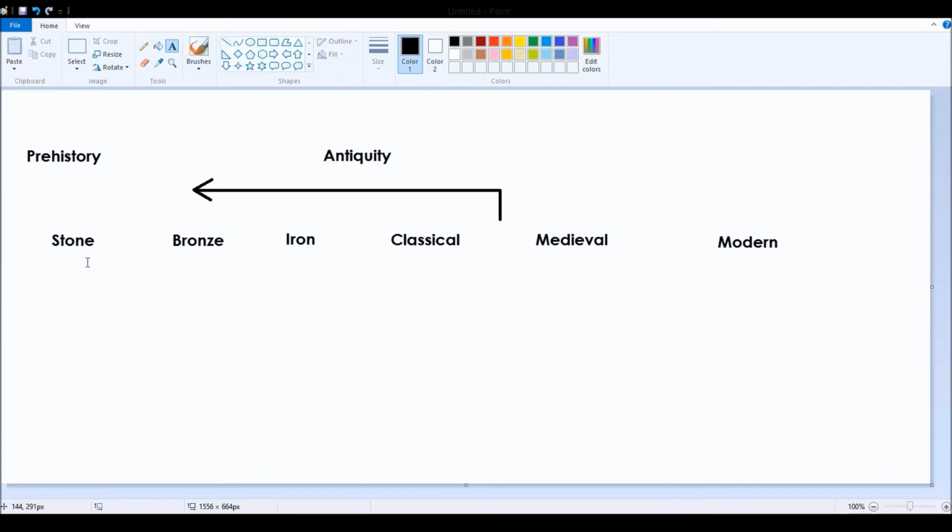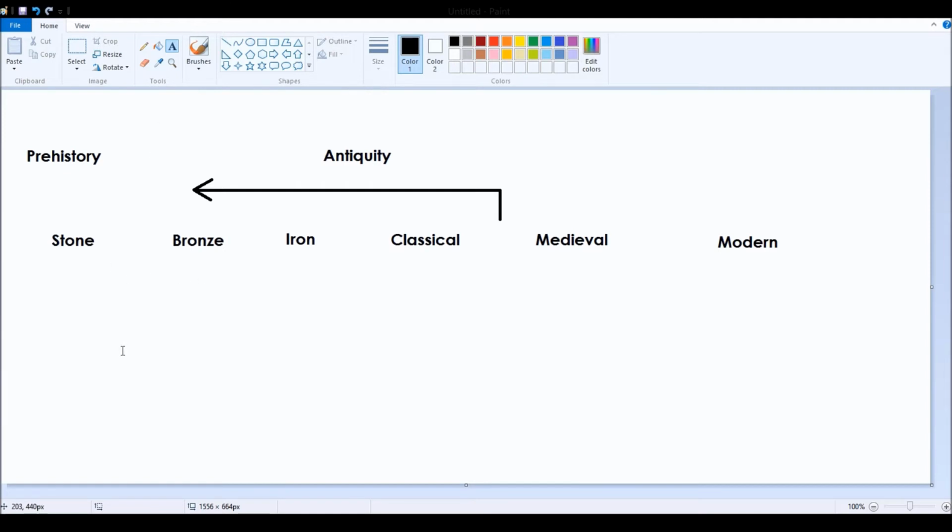So, of course, the three ages here, stone, bronze, and iron, are based on the technology and the types of tools that are used by a culture, and classification of a lot of prehistoric cultures divides them into Stone Age, Bronze Age, Iron Age, and some cultures in recorded history as well fall under these divisions.